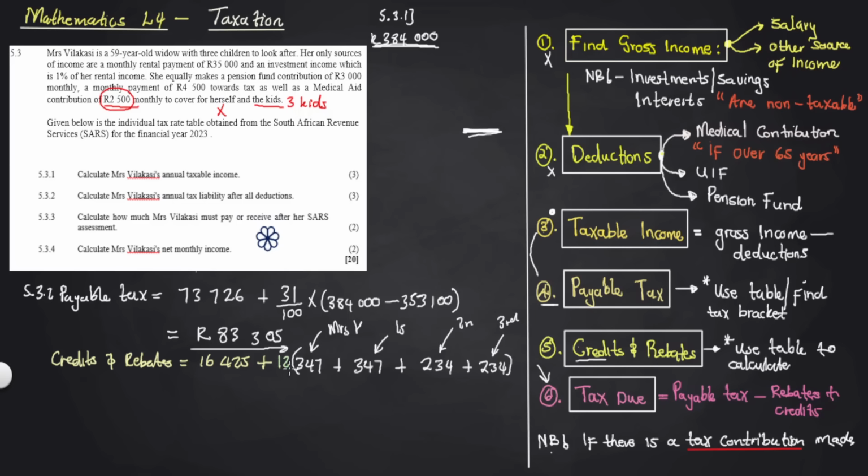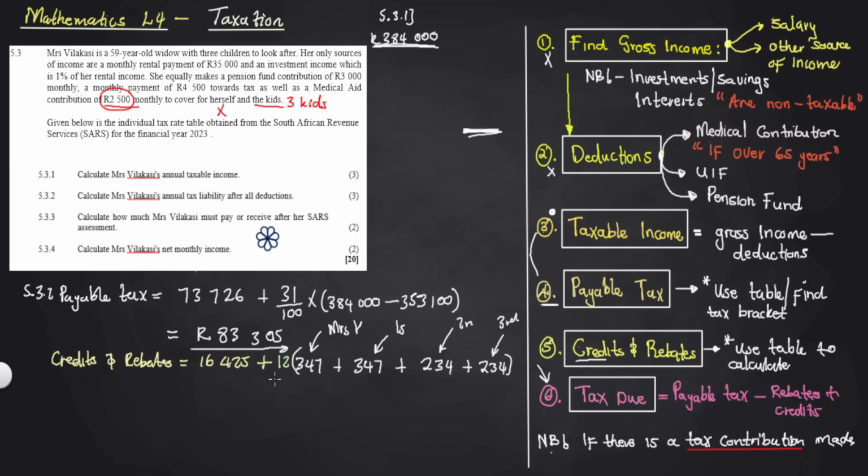Why am I multiplying by 12? Because on the table these medical contributions are calculated per month, and we are working with annual values.